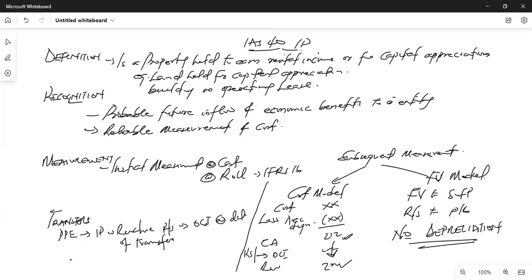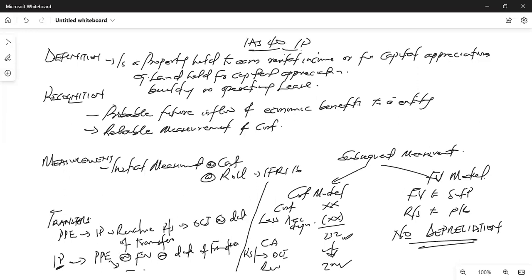If you have an IP and you are transferring it to a PPE, it has to be at fair value at the date of transfer. If it was an IP at fair value, it will never be depreciated unless it takes the status of a PPE; then you will have depreciation.